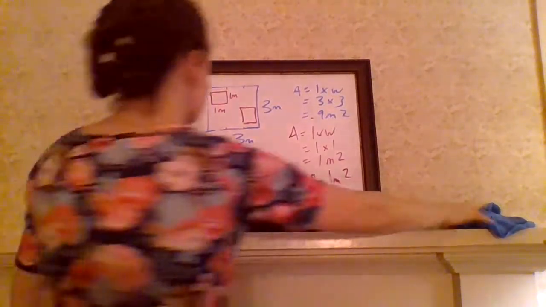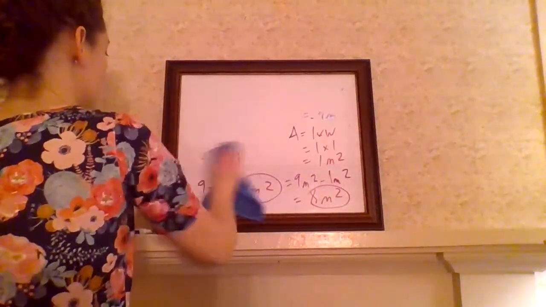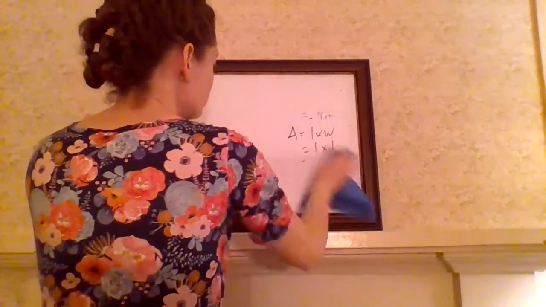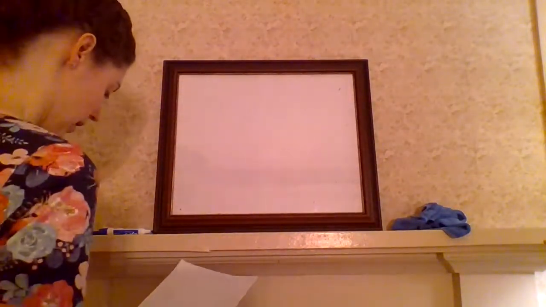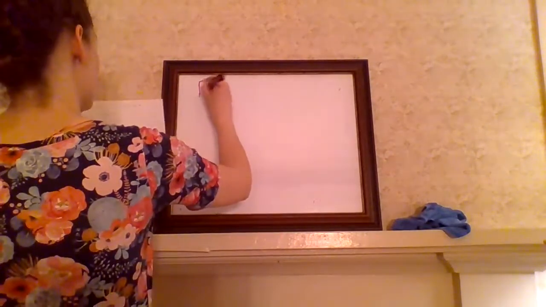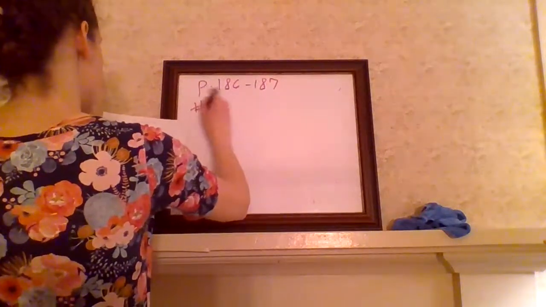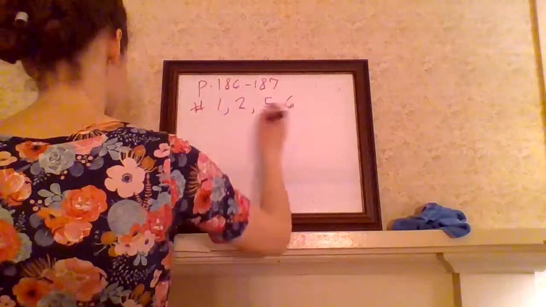Okay, so let's erase this, and I'll tell you about your assignment that you're working on. This is wrapping up our unit that we've been doing online on area and measurement. It's on page 186 to 187, so it's the work from your book. What I want you to do is number 1, 2, 5, and 6.